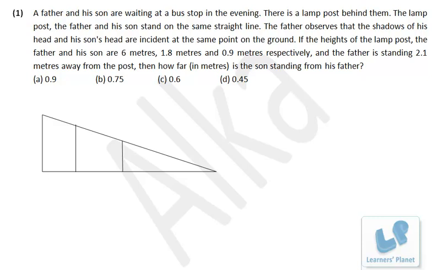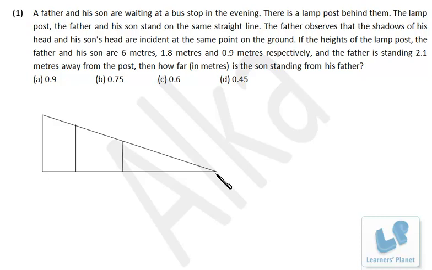Now friends, I'm going to take some questions from CAT 2004. This is a question based on similar triangles. A father and his son are waiting at a bus stop in the evening. There is a lamppost behind them. This is the lamppost. The lamppost, the father and his son are on a straight line. The father observes that the shadow of his head and the son's head are incident at the same point on the ground over here.